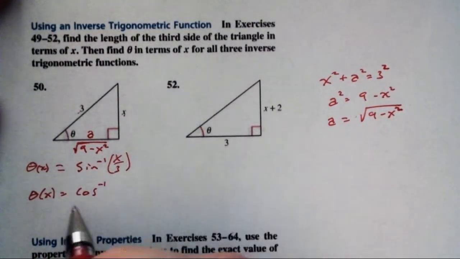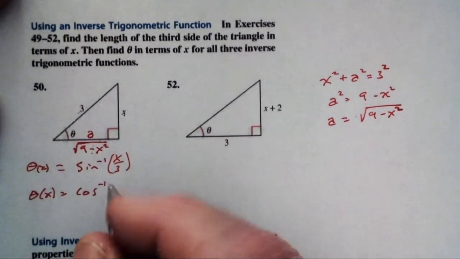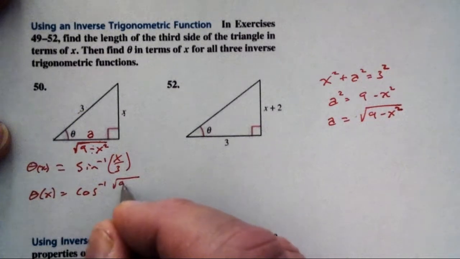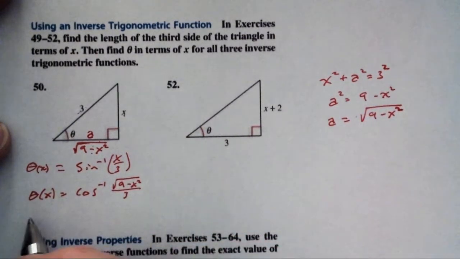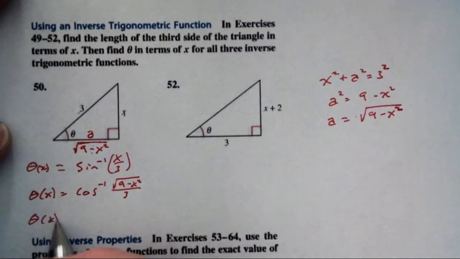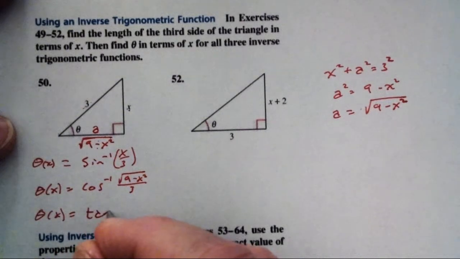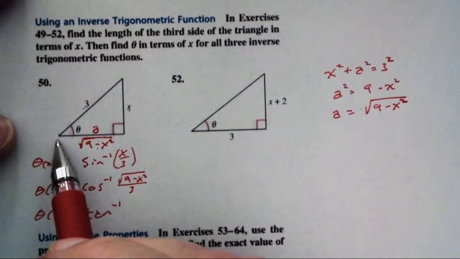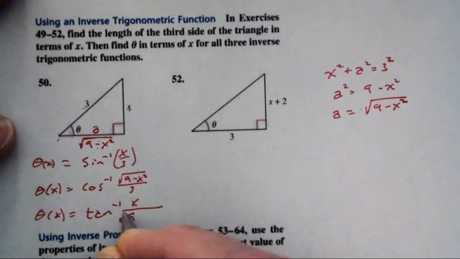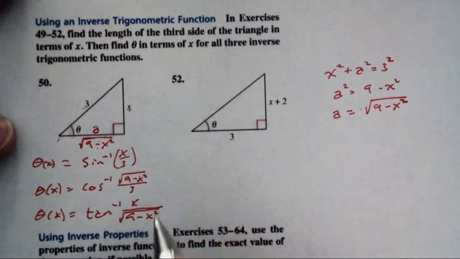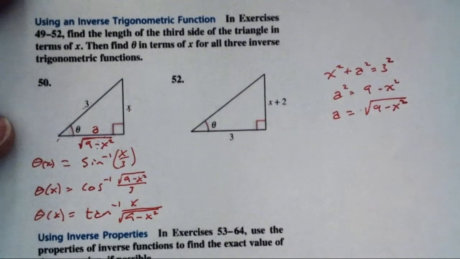What's the cosine ratio? Adjacent on hypotenuse, square root of 9 minus x squared on 3. And theta as a function of x is tangent inverse of opposite on adjacent, x on square root 9 minus x squared. And if you just feel the need to rationalize that, you're welcome to. I suspect the back of the book wouldn't even rationalize that one.